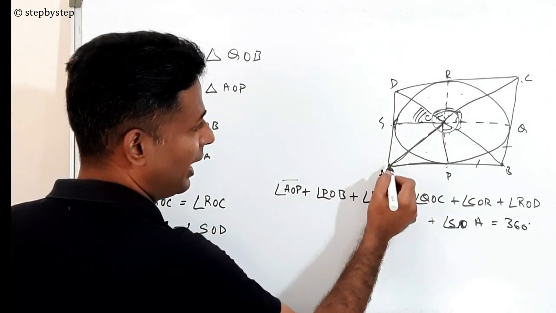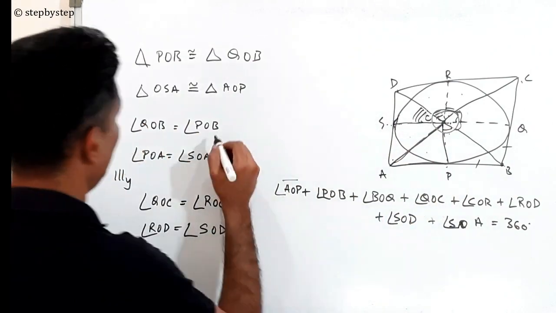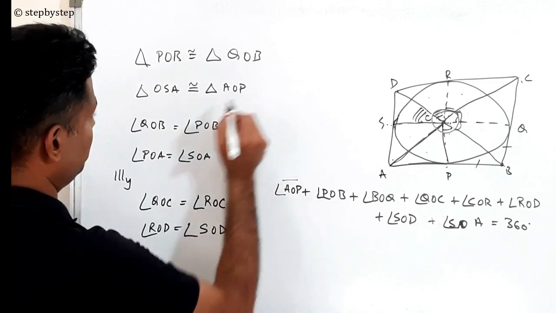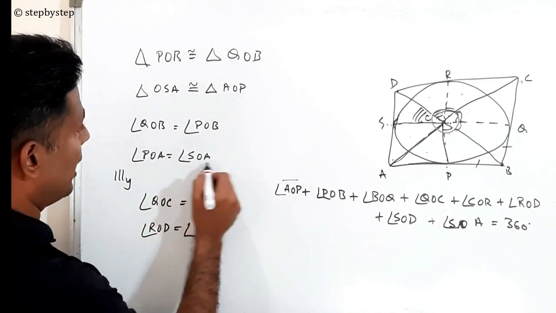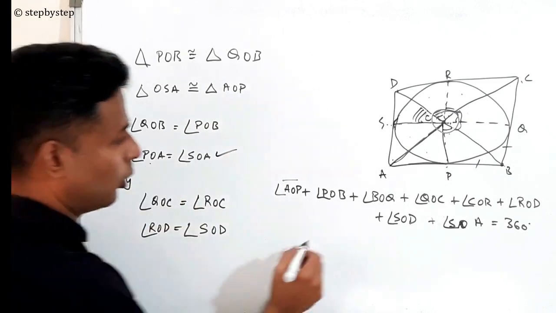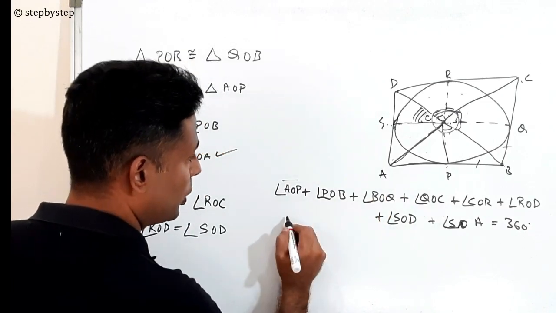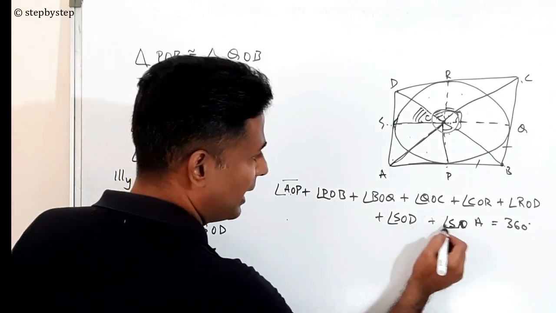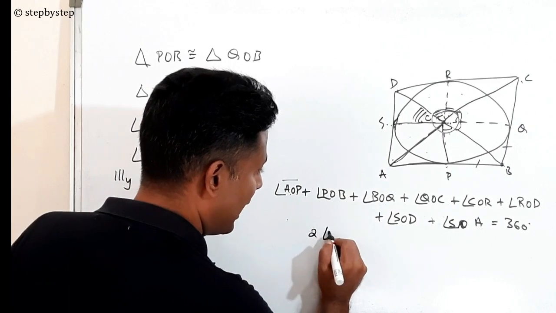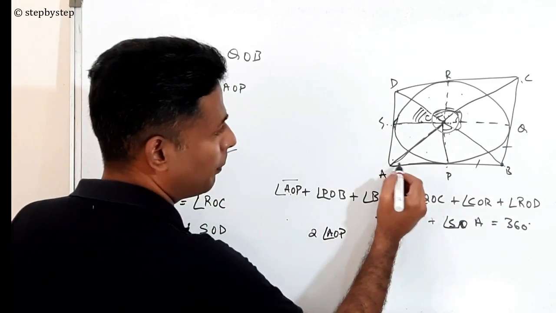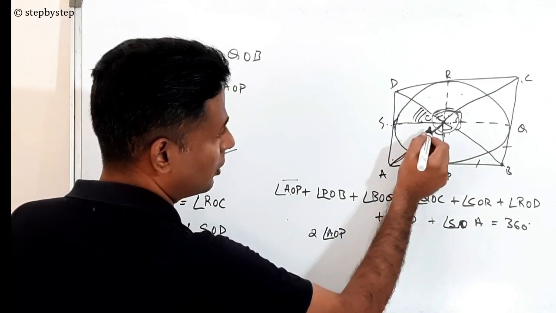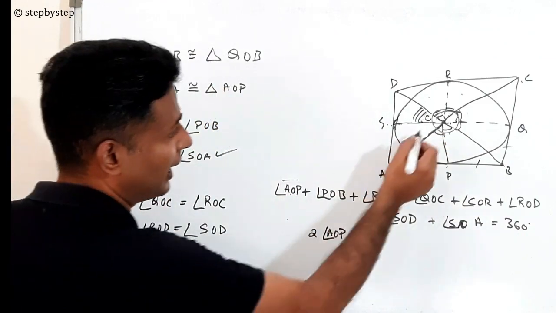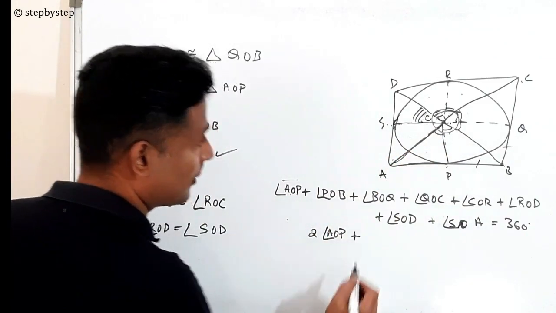So SOA equal to POA, so instead of AOP and SOA, I can write it as 2 times angle AOP. The entire angle I can write as 2 times AOP.